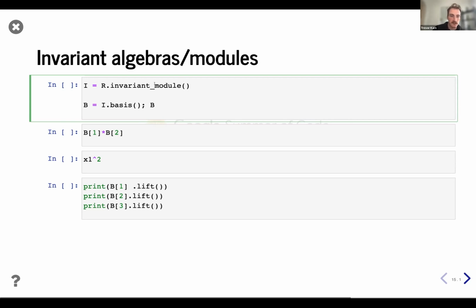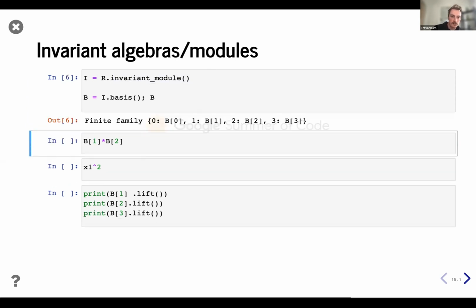This is a method we added, and it will go ahead and compute the invariant algebra. In particular, I can find a basis for it. So now I know a little bit better how to work with it.